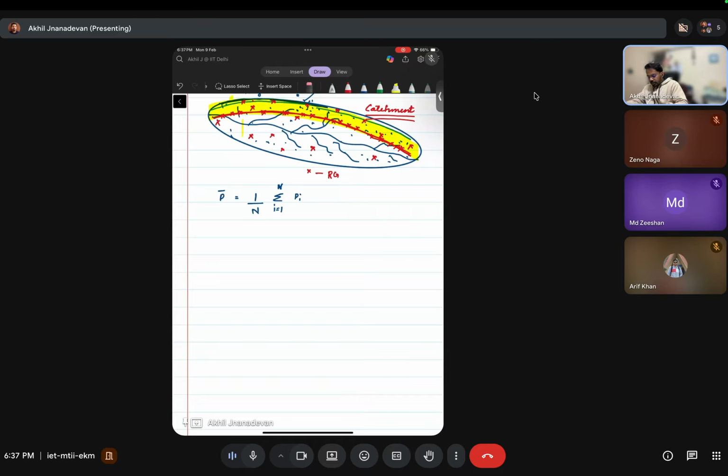The important thing is this is suitable for physically and climatically homogeneous catchments.